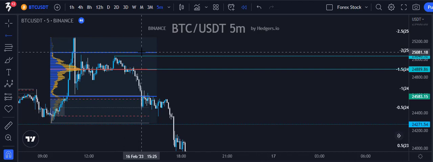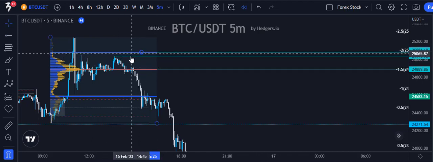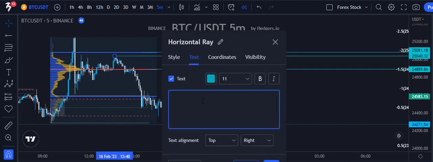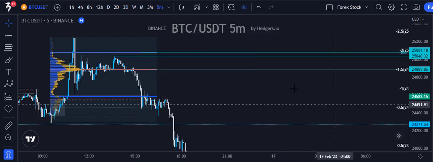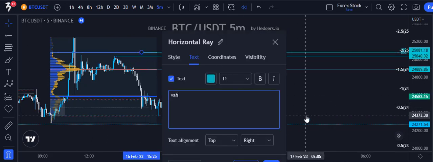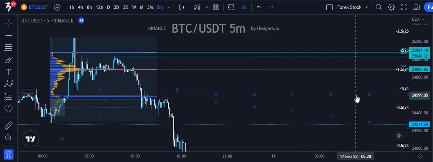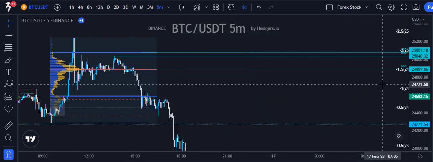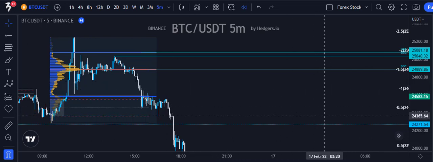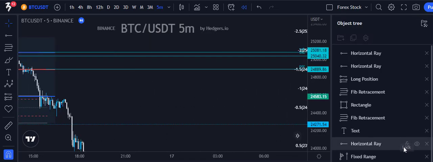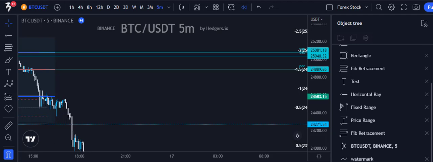Okay, but it's not necessary because buy side liquidity, BSL, and the value area high are also combined with each other, so it's not necessary to mark, but you can mark it as well. So this is POC also. Okay, now you see if there is any fair value gap or, for example, the order block here.